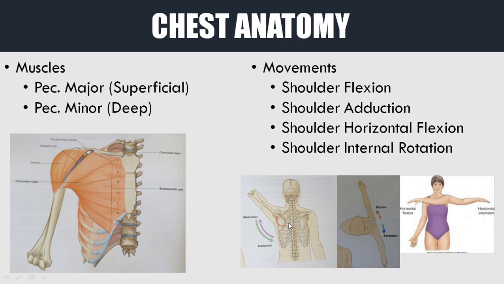If we have our arm overhead and then we bring it down towards the side of the body, that's shoulder adduction. Another primary one is shoulder horizontal flexion. If the arm is out by our side, out straight, and we bring that arm across the body while keeping it straight, that's going to be shoulder horizontal flexion.